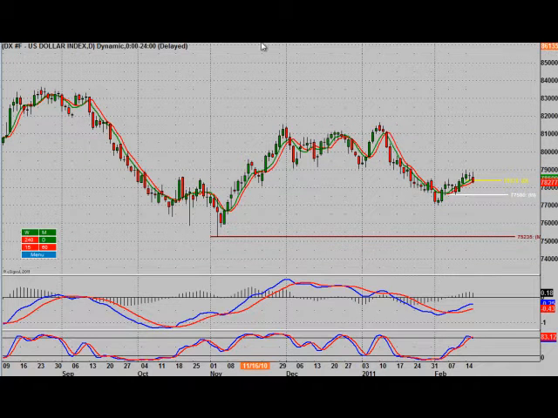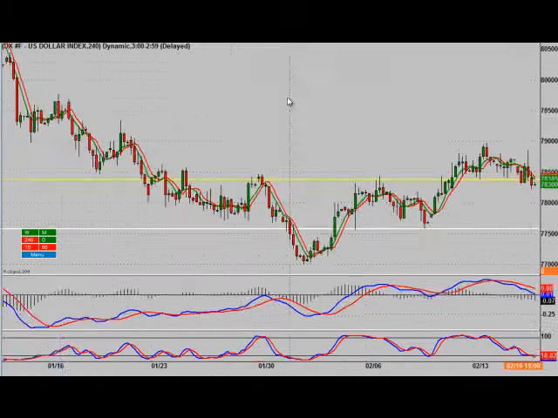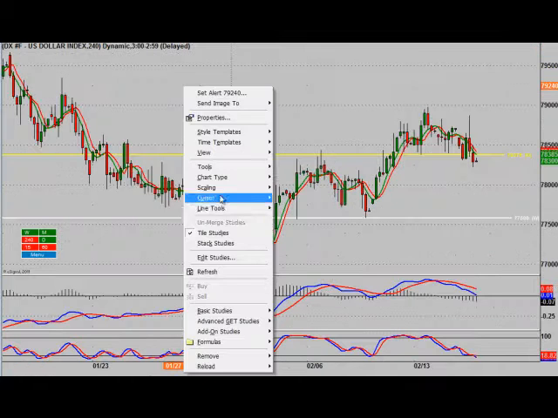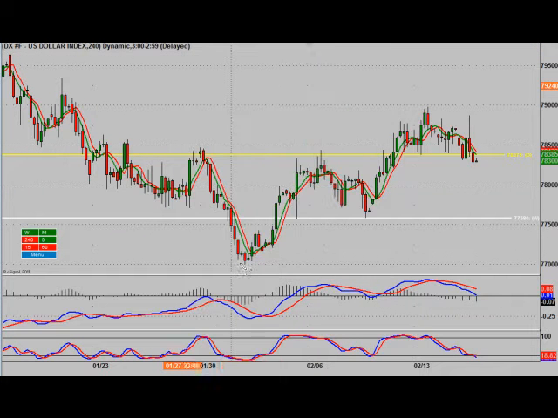I suppose here we'll take a look at it on a 4-hour chart. And here's what I would be looking at.